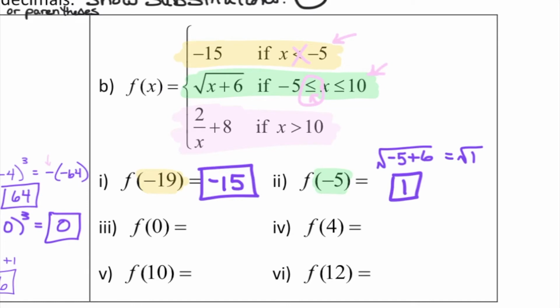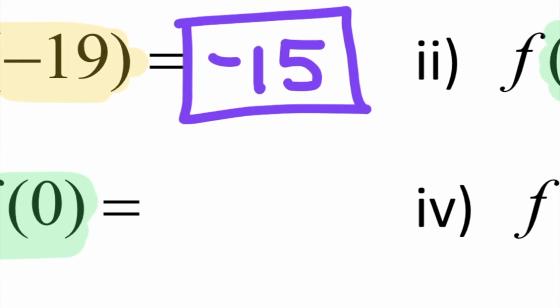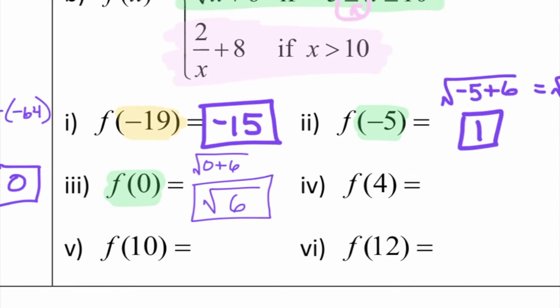Zero is also between negative 5 and positive 10, so that's going to use the middle equation as well. And so that's going to be radical 0 plus 6. 0 plus 6 is just 6, and so my answer here is just radical 6.